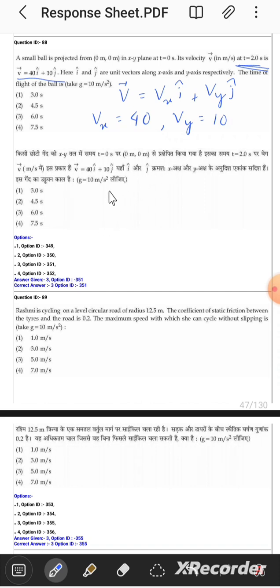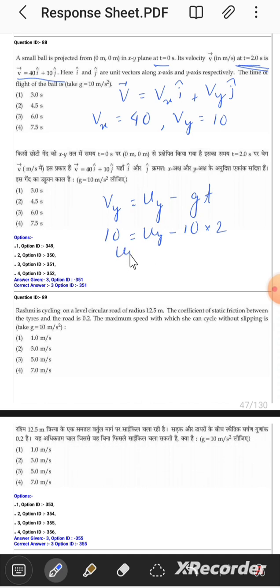Regarding the concept, we can find the initial velocity of the particle at the beginning, that is at t equals 0, using vy equals uy minus gt. We are finding the initial velocity along the y-axis. vy is given as 10, uy we have to find out, and g is 10 into time 2 seconds.